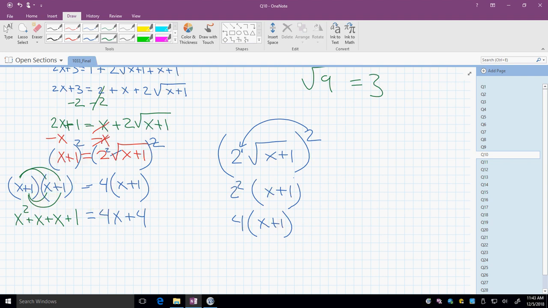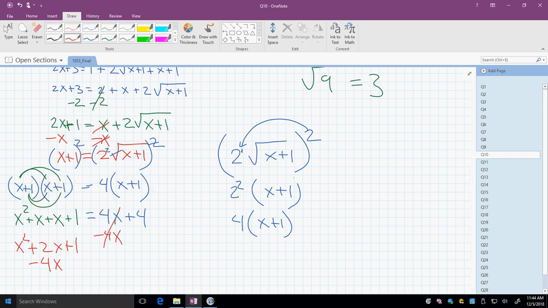Now we're going to move everything to the left side because I have the square root on the left, the x squared on the left, and it's positive. I want to keep it that way. So I'm going to subtract 4x. I'm going to combine these two. I have 2x plus 1 in here. Now I'm going to move the 4x, negative 4x.